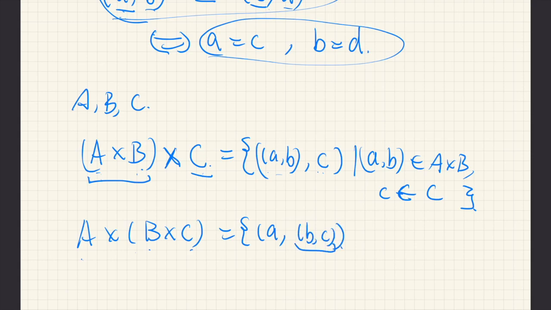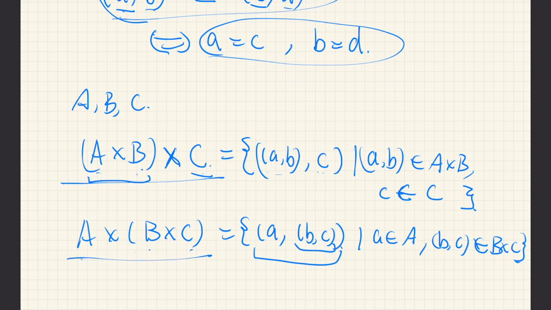So as a whole, this is a pair, where A is an element of A, and (B, C) is an element of B times C. But technically this set and the other set are different, because for the first set, the first element is a pair of A and B, and for the second set here, the first element is just A. And for the first set, the second element is just C, and for the second set, the second element is a pair. So they are different.